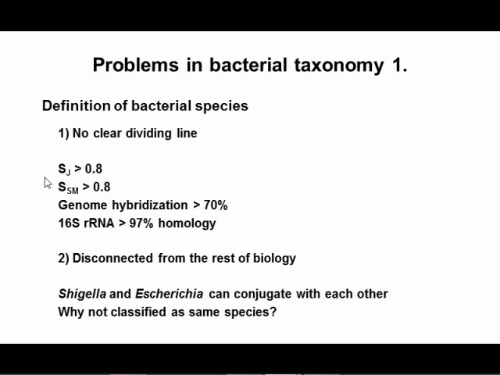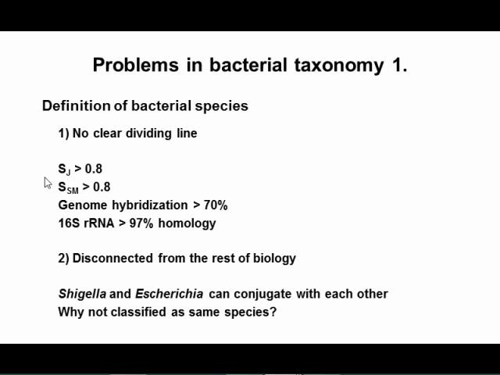Part of the problem is that it's disconnected from the rest of biology, because in plant and animal species, I think people use something like the biological species concept or the ecological definition of species, something that couples together the reproductive system and the ecological niche occupied by the species. That's not how it works with bacteria.